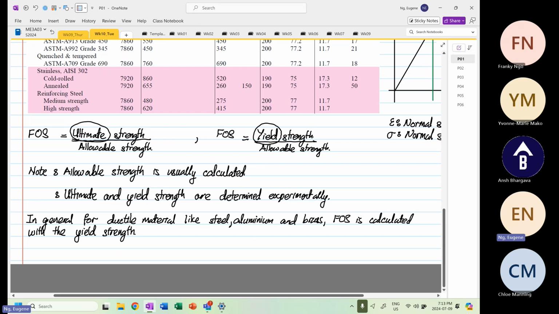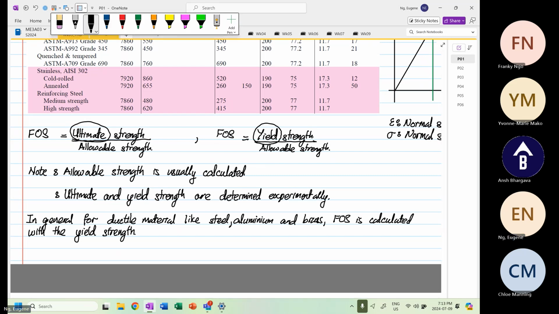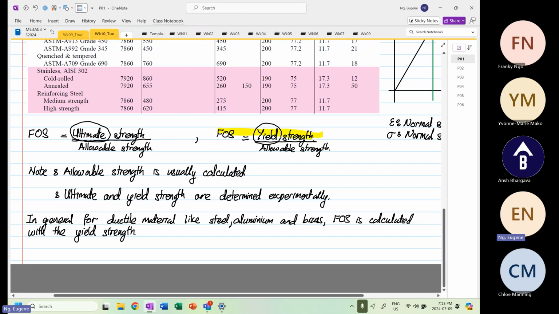You use this expression that I'm highlighting in yellow. Why is that?